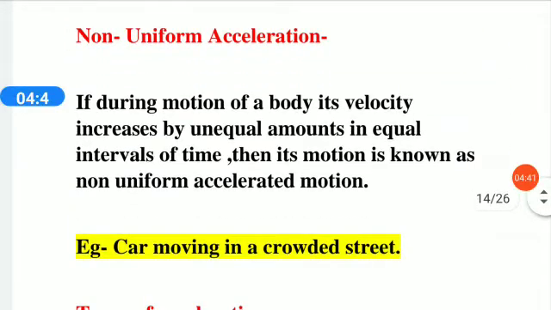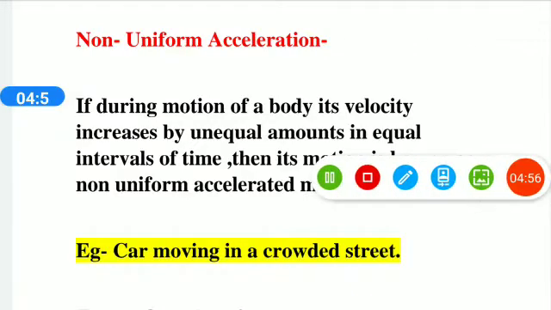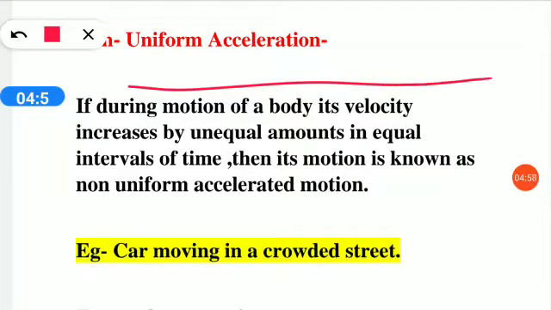What is non-uniform acceleration? When velocity increases by unequal amounts in equal intervals of time, its motion is known as non-uniform accelerated motion. It means sometimes the velocity will be 2 meter in 4 seconds, then 8 meter, then suppose 12 meter.